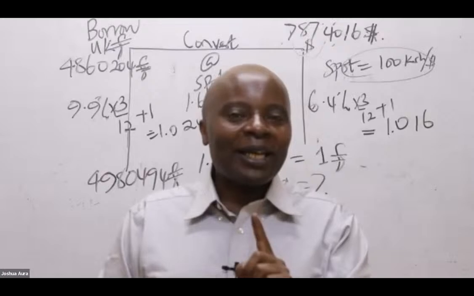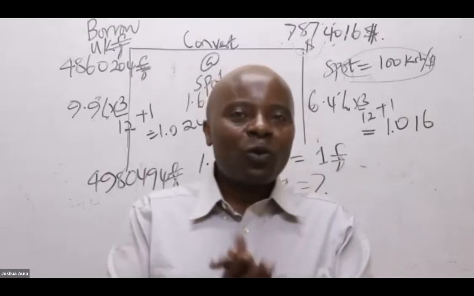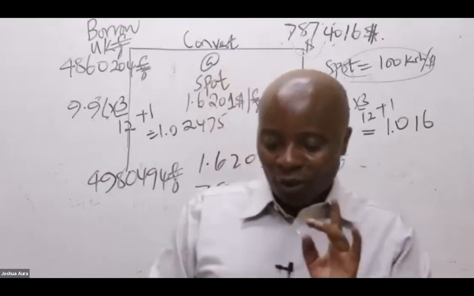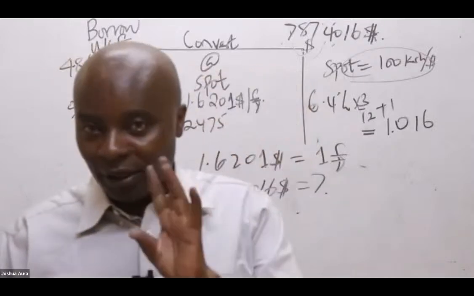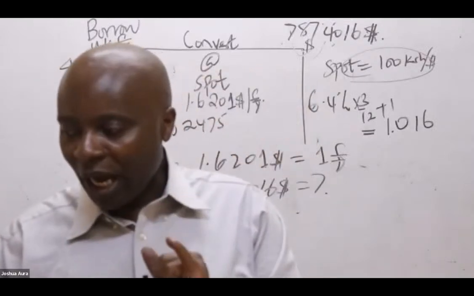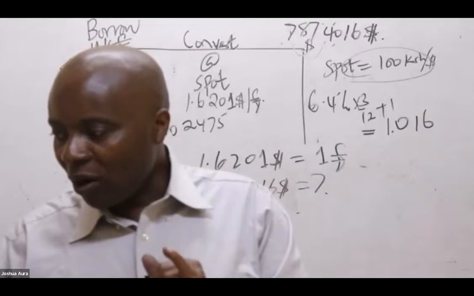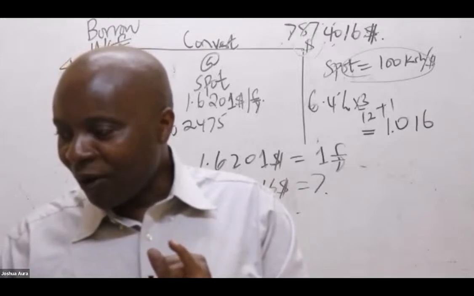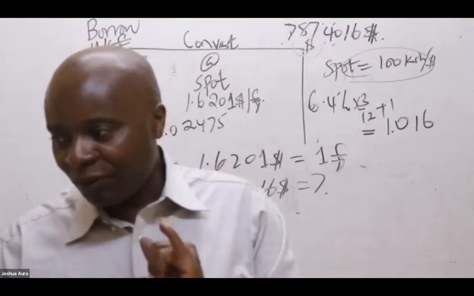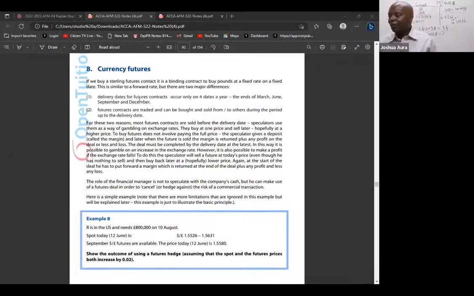It's quite similar to these forward contracts, except for, listen to me very well, there are many differences, like five of them, but for now I would want us to only specifically look at these two differences. Delivery dates for future contracts.